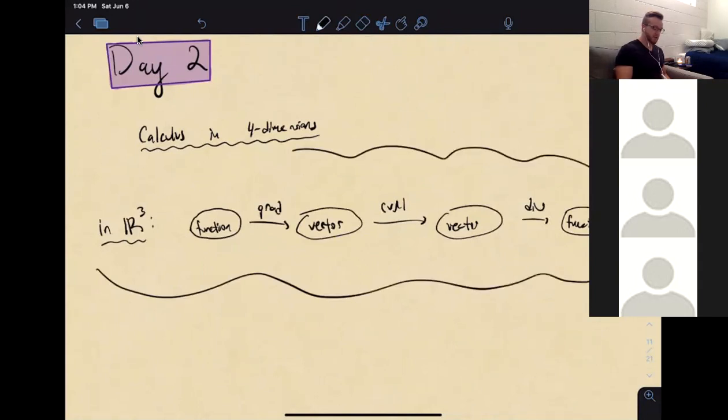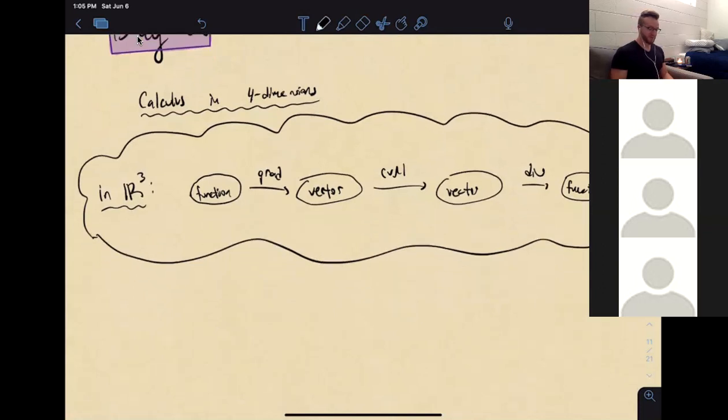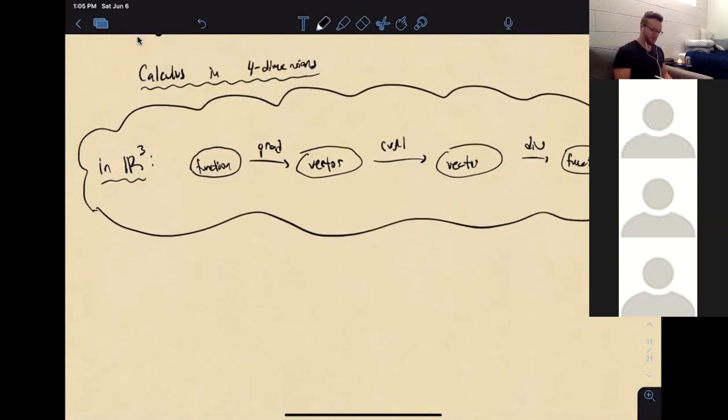And I guess this can count as review, just because this is stuff that you should know and be comfortable with. The gradient is an operation that eats a function and spits out a vector field. The curl is something that eats a vector field and spits out another vector field. And then we have the divergence, which eats a vector field and spits out a function. Okay, so what I want to tell you really quickly in a couple minutes is what happens in R4.